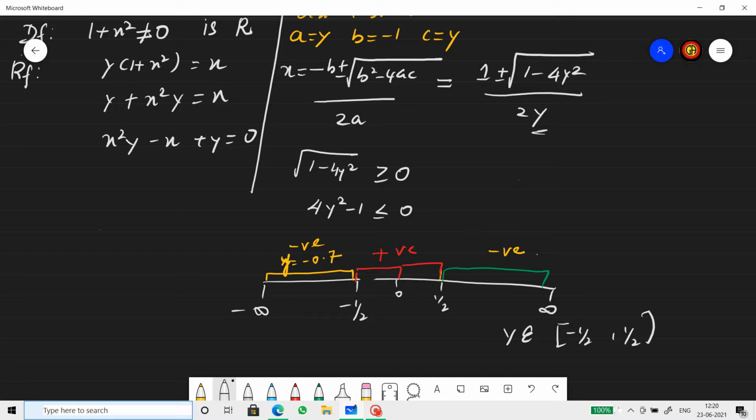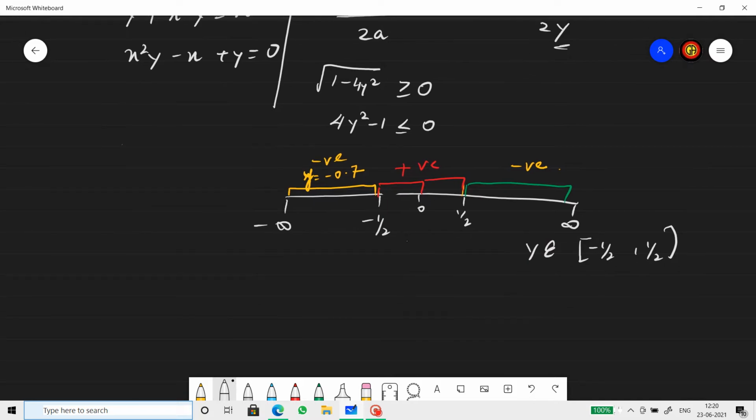Definitely I can include them, because if I take 1 by 2 or minus 1 by 2 and put it over here, I get only 0. So that's valid. I can take the end values here. Minus 1 by 2 and 1 by 2 are included. Clear? So range is minus 1 by 2 to 1 by 2.